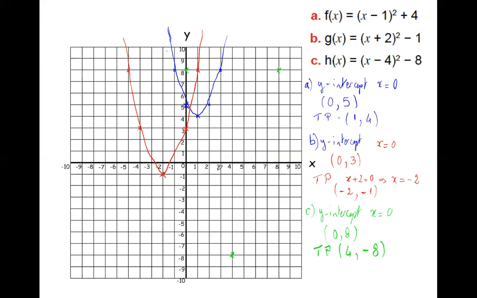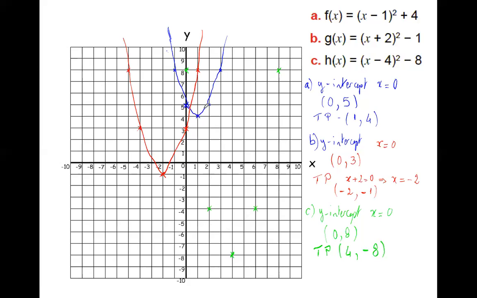So I'm going to try and find another 2 points just to make it easier for me. So if I use 2, 2 minus 4 is negative 2. Negative 2 squared is 4. 4 minus 8 is minus 4. So (2, minus 4) is another point. And I've got as well these 2 points.